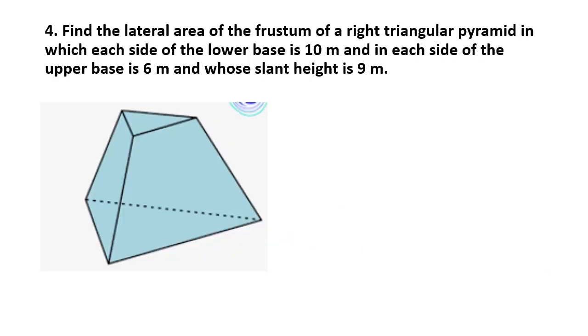Find the lateral area of a frustum of a right triangular pyramid in which each side of the lower base is 10 meters, the upper base is 6 meters, and whose slant height is 9 meters. So, right triangular pyramid. So you have this one, solution.